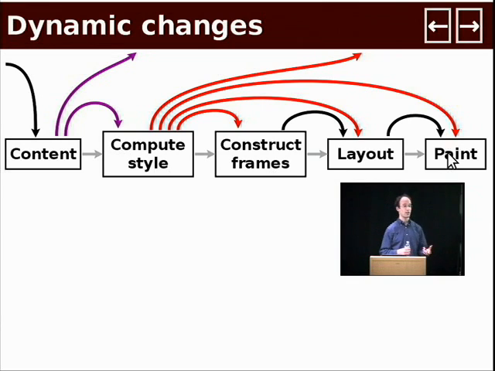So reconstructing frames for something, basically, if we reconstruct the frame for an element, we're also reconstructing the frames for all its descendants. That's just an invariant that we maintain. I don't know if other browsers do that or not.